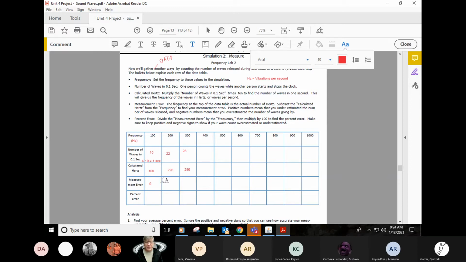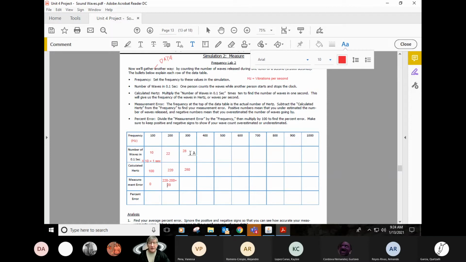So for this one, it's going to be 220 minus 200 equals, my answer is 20. Okay, so all you have to write down, of course, would be the 20. I'm just showing you how to get that answer. So I was 20 off, right?